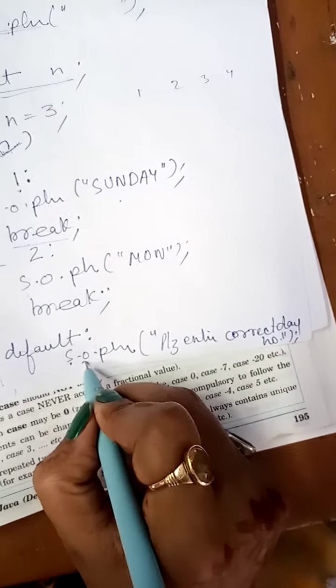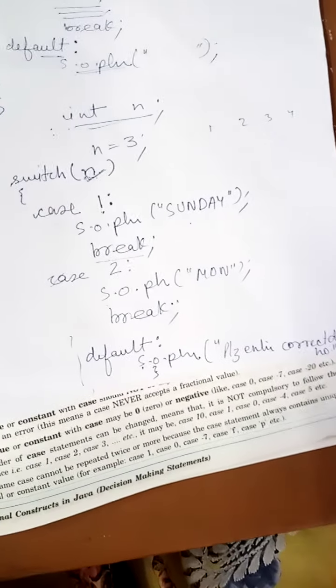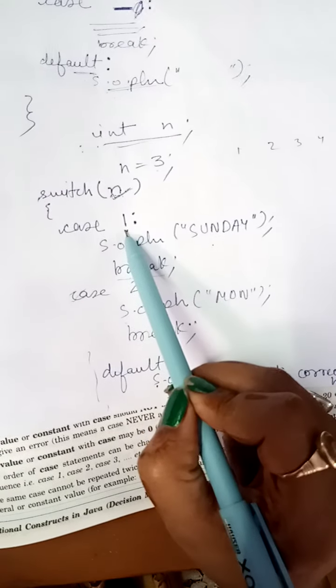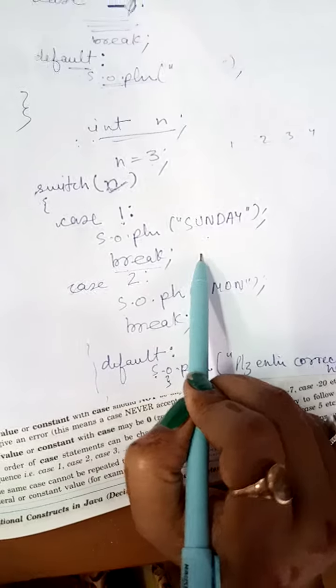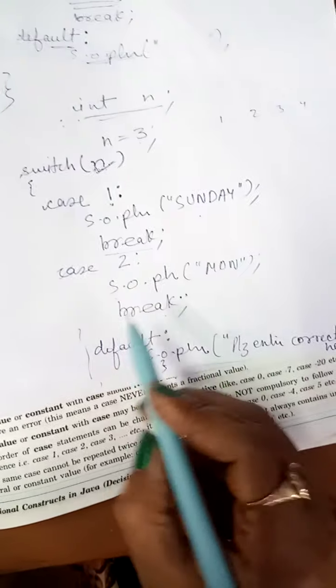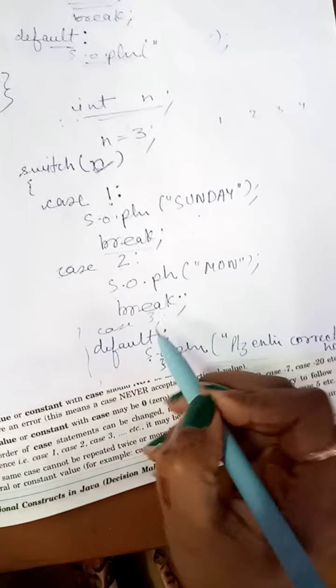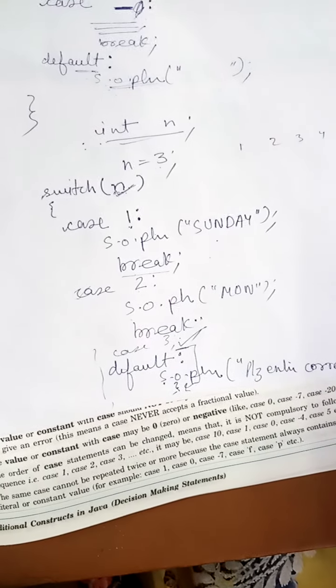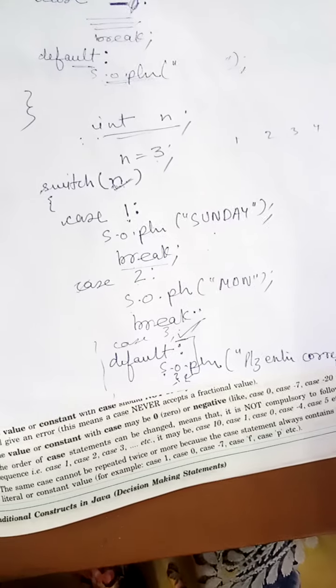Now close the switch. The value of n will be checked. Suppose n is 3: case 1, no, this case will not get executed. Case 2, this will not execute. Case 3, this will get executed, and because of break we come out of the switch. The rest of the cases will not be matched as break is there.